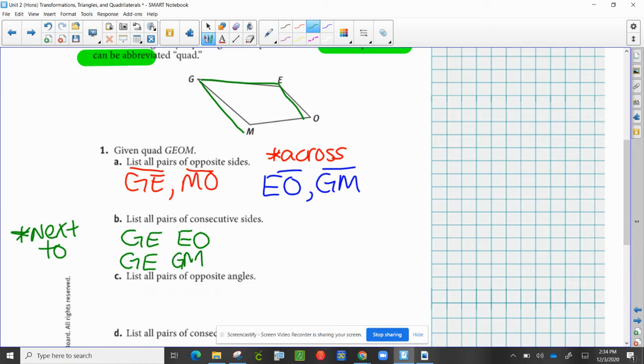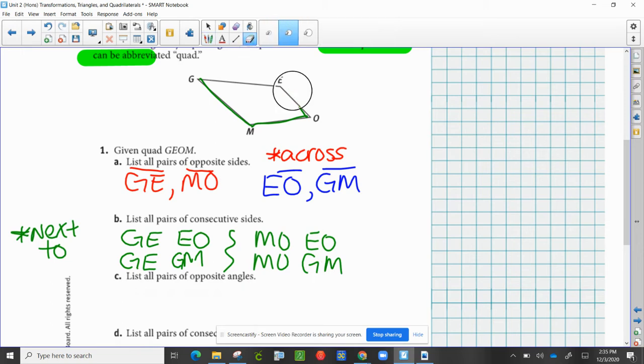So those are all consecutive sides. We also have our side MO, and the side next to MO could be EO, and also next to MO is GM or MG. Okay, so those are all of our consecutive and opposite sides.